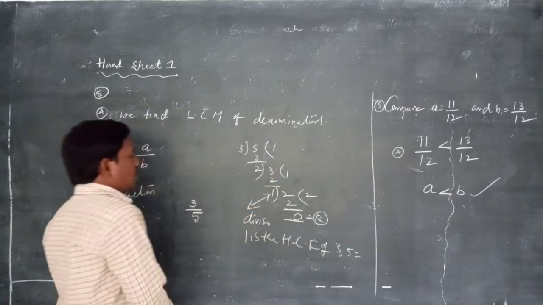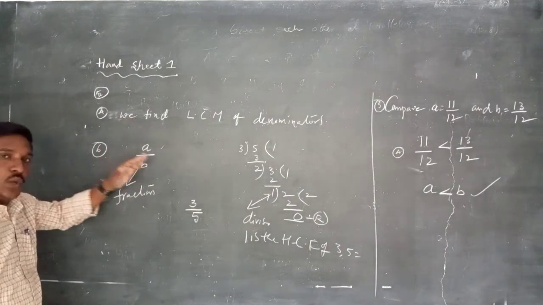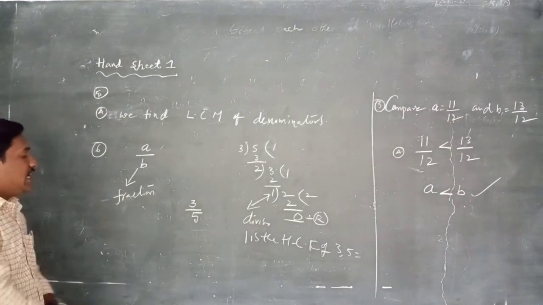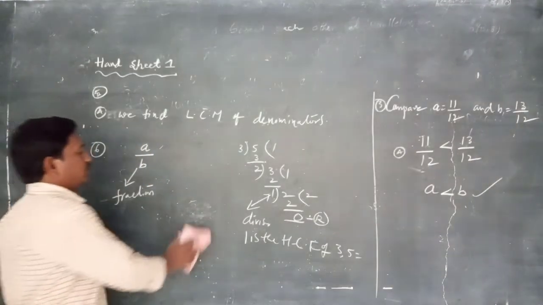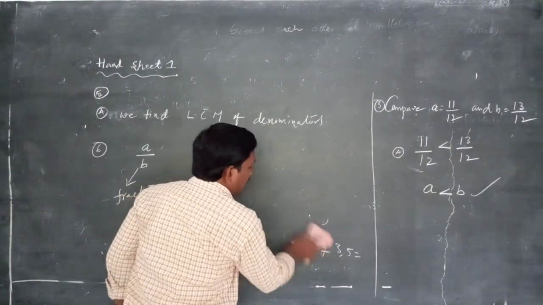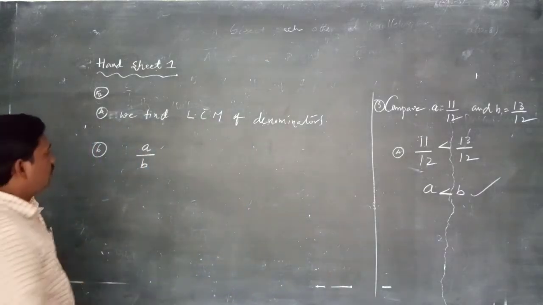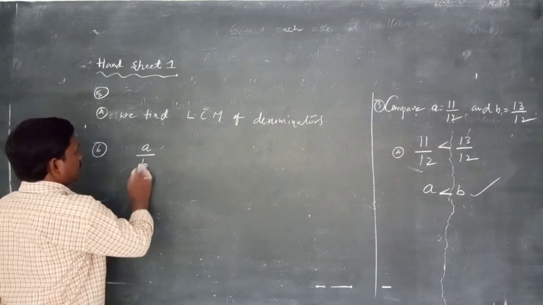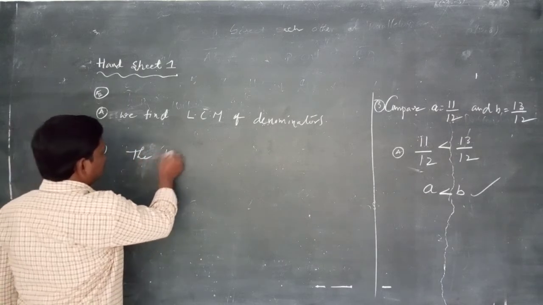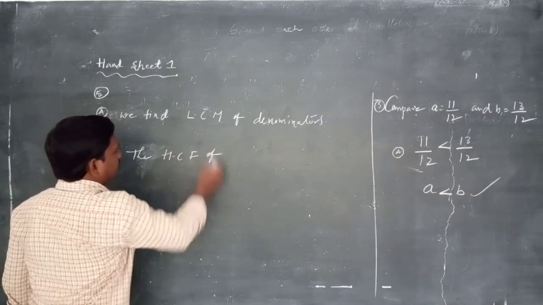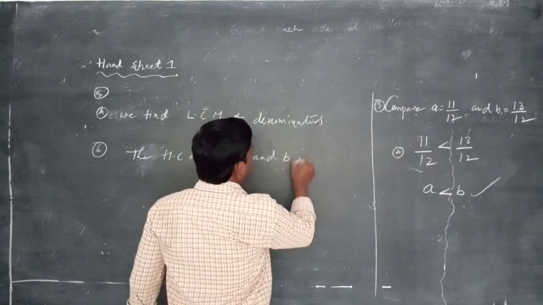So if A by B is a fraction and its lowest form is also A by B, then the HCF of A and B is 1.